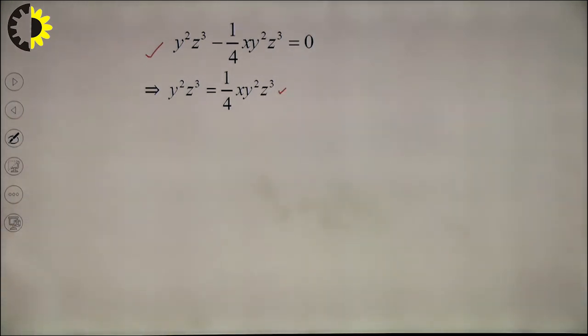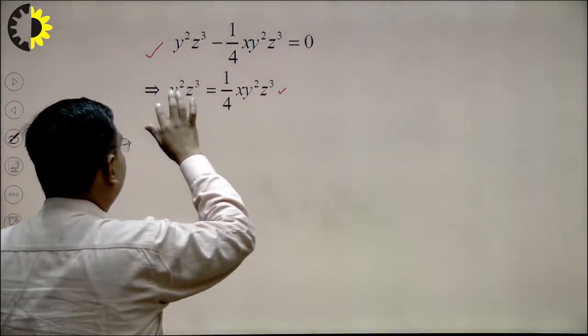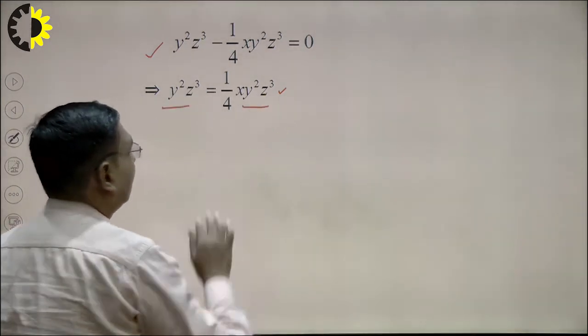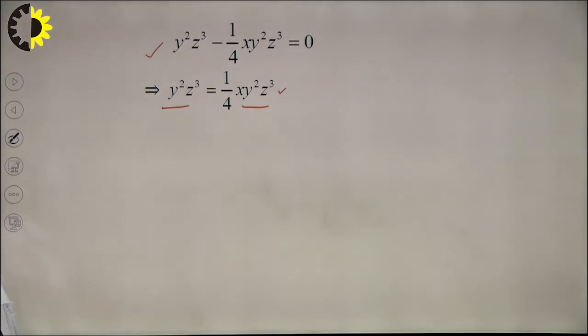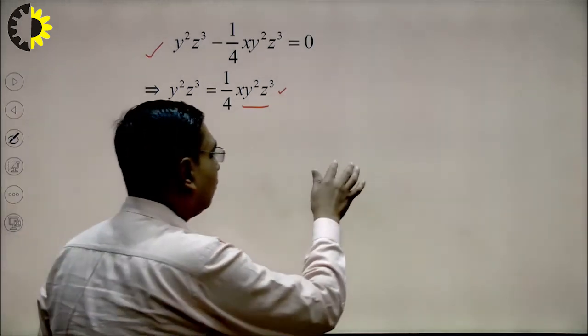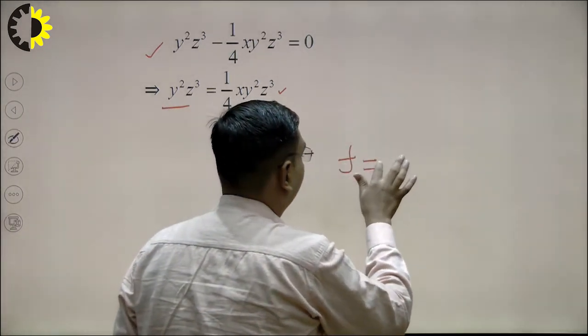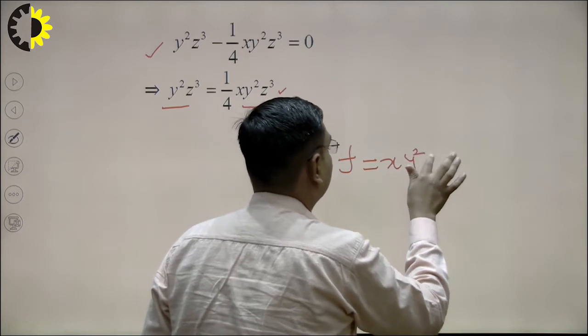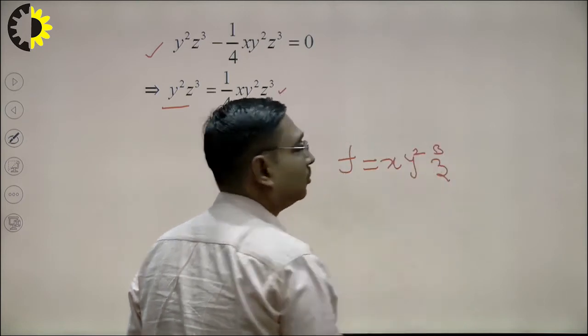Now, this y square z cube can be assumed to be non-zero, because we are to maximize this quantity x y square z cube.